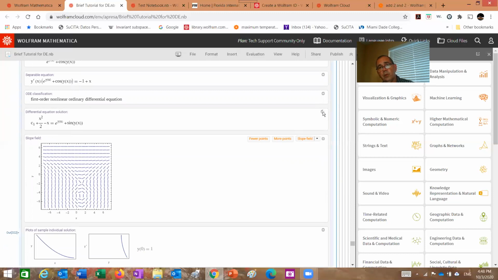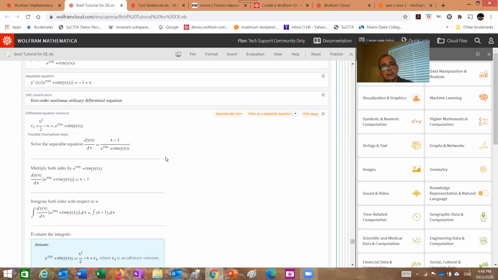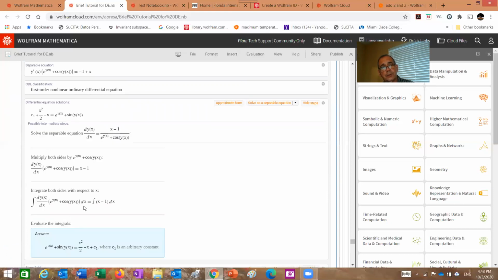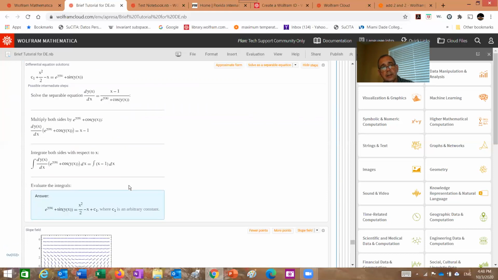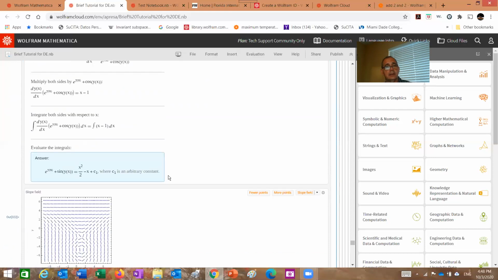These are the steps. It solves the separable equation. It moves the part containing the y to the left side, and then it integrates both sides with respect to x. On the left side, it produces this. On the right side, it produces this. And that's it. This is the way of solving that equation.